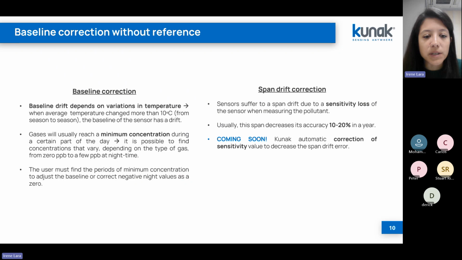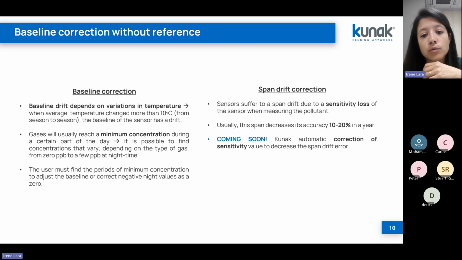As I mentioned as well, the sensor suffers from a degradation of the sensitivity. That means that when the sensors are aging, the signal is decreasing. And usually we have determined that the span decreases its accuracy between 10 and 20% in a year.